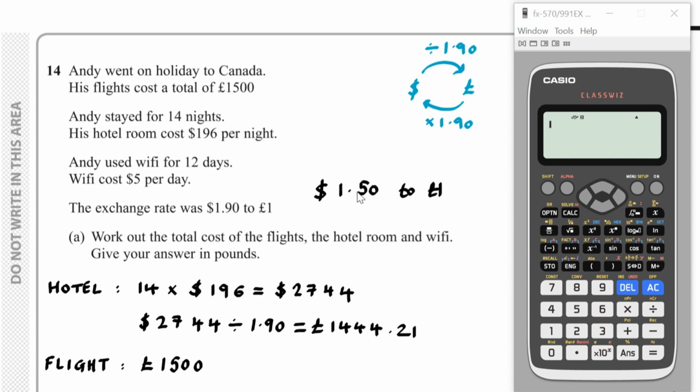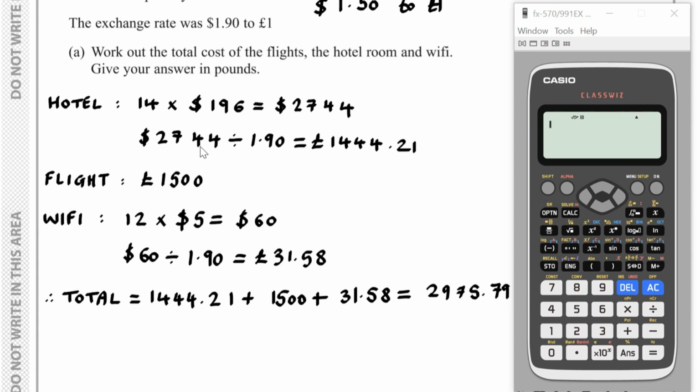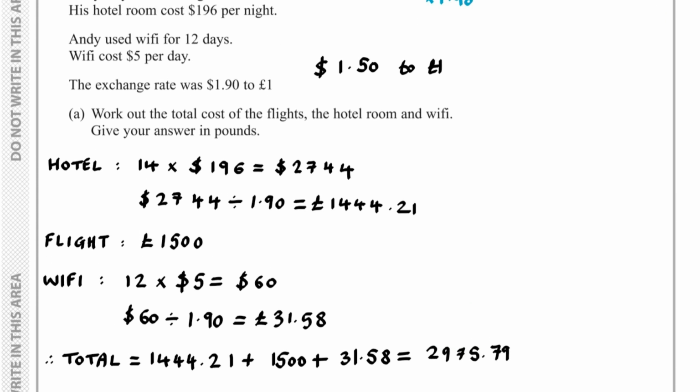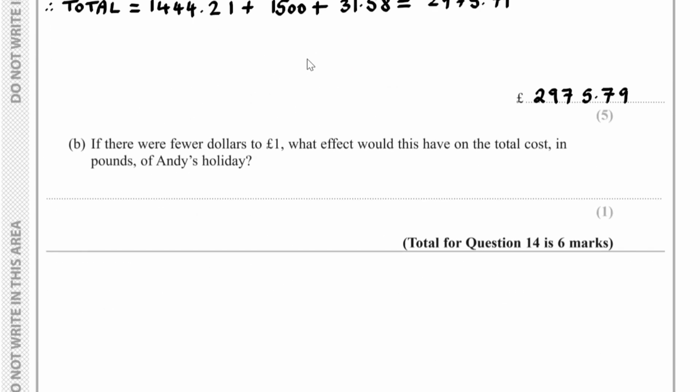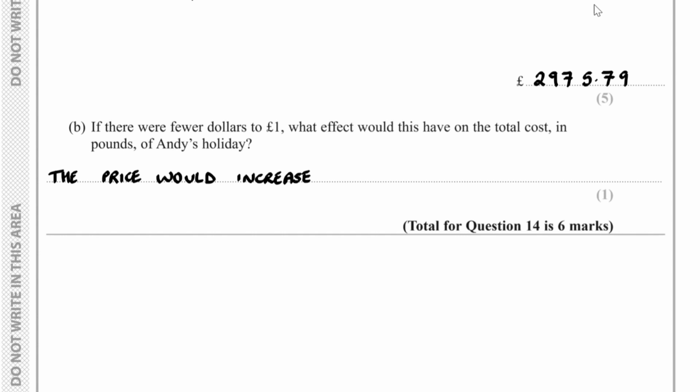In this case, we divide by 1.50. So if I take a look at the hotel, for example, where I've got 2744, if I divide that by 1.50, what you can see is the price has increased in this situation. So if we have fewer dollars to pounds, well, we can say the price would increase.